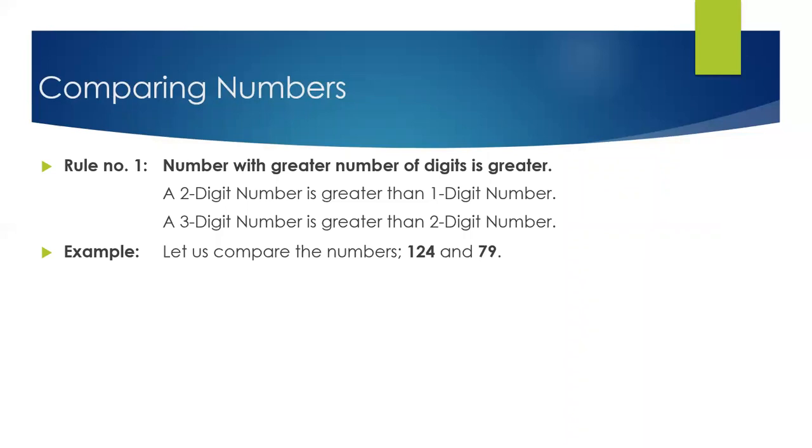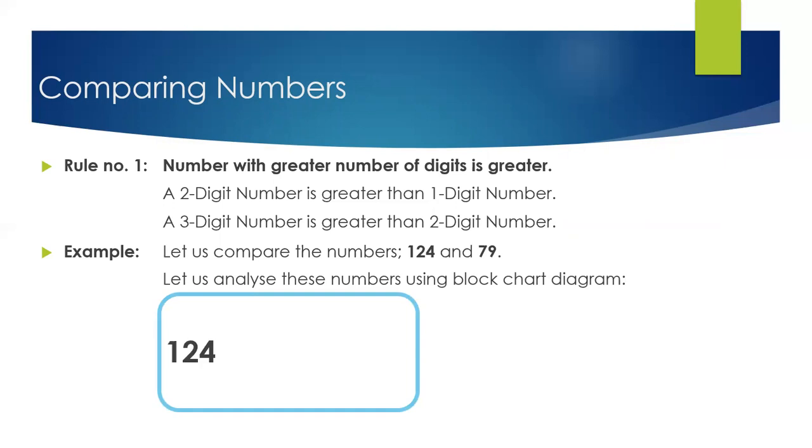Firstly, we are comparing two numbers. The first number is 147, and the second number is 79. We can analyze these numbers using a block chart diagram. Here we have 124, which comprises 1 hundred, 2 tens, and 4 ones.